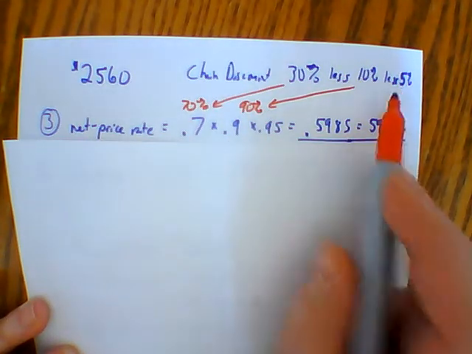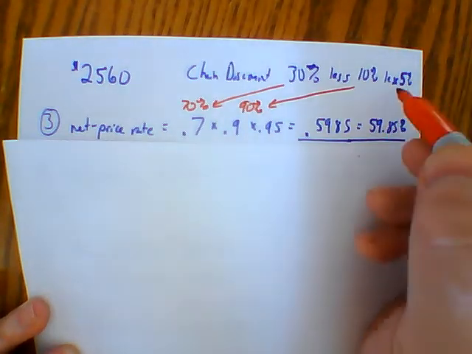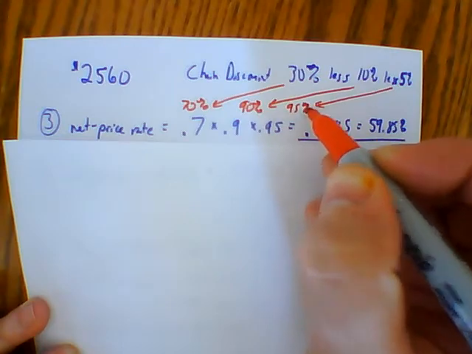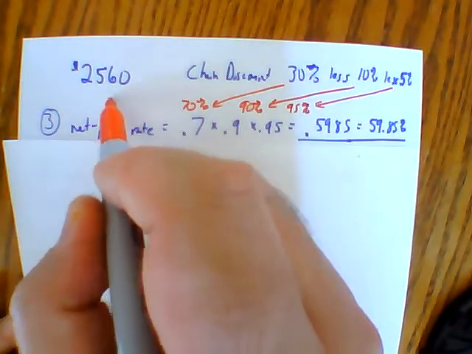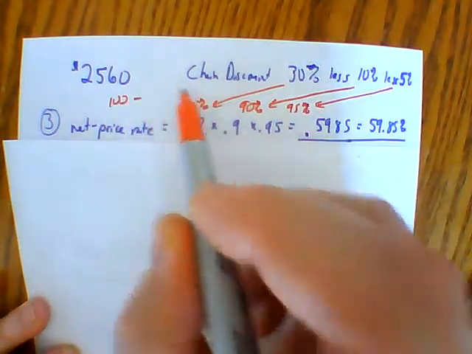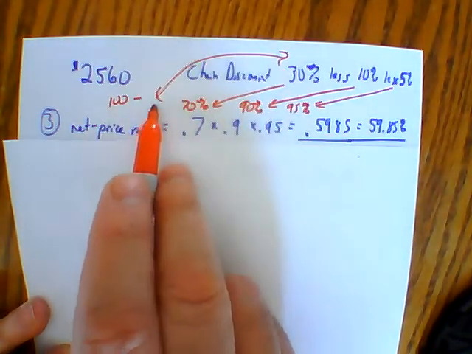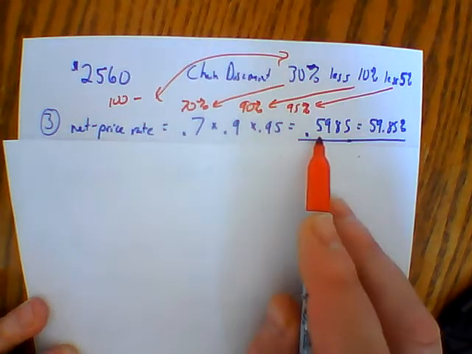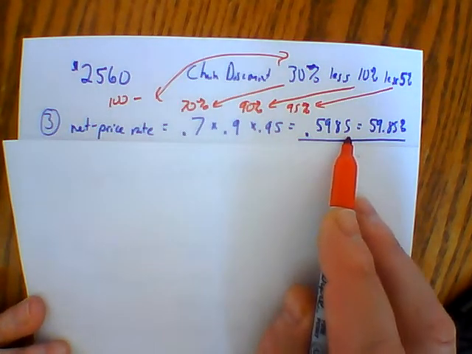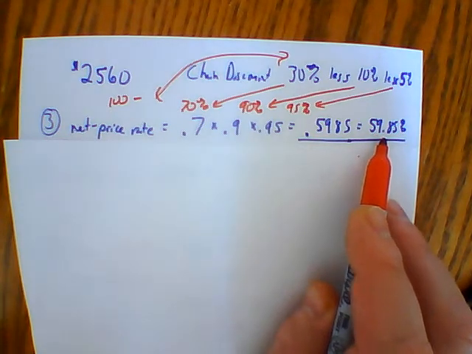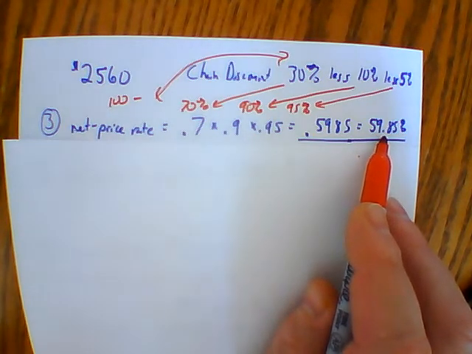And the complement of 5% is 95%, because we take 100 minus whatever these values are. So we get 0.5985, or basically we're going to be paying 59.85% of this.